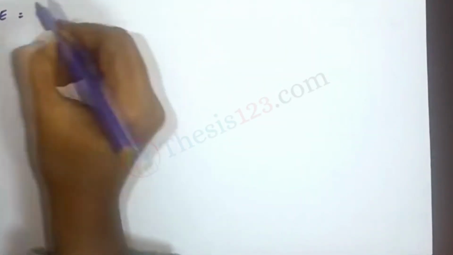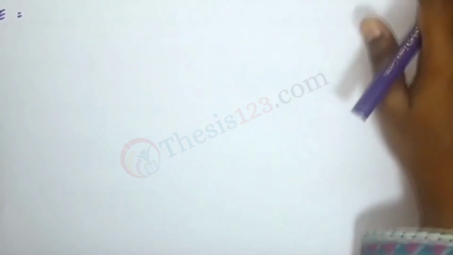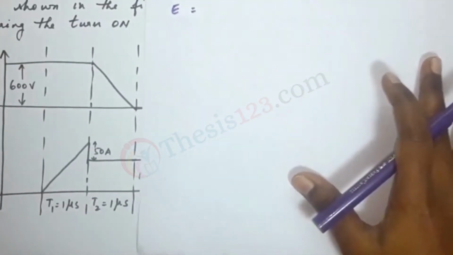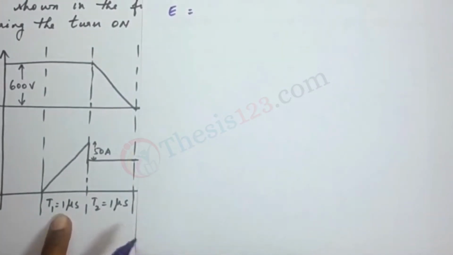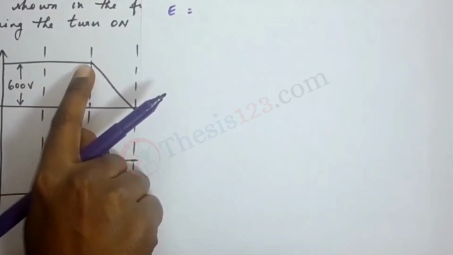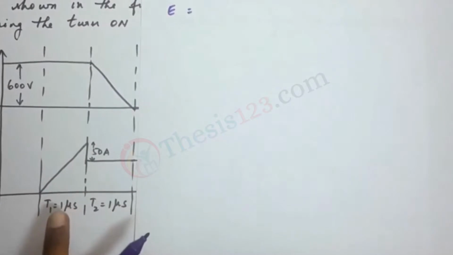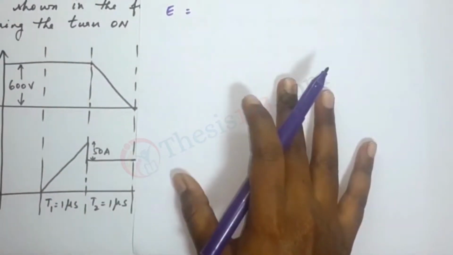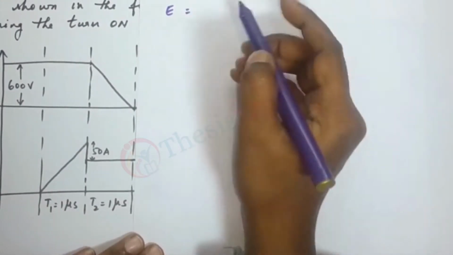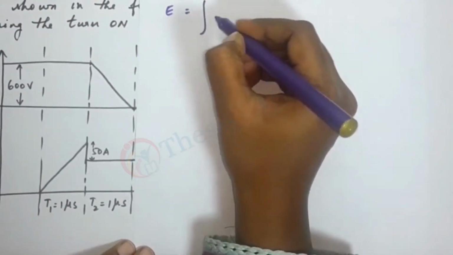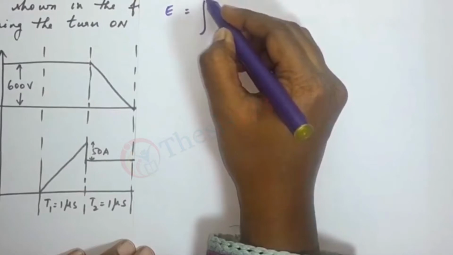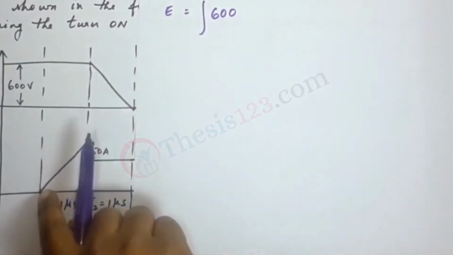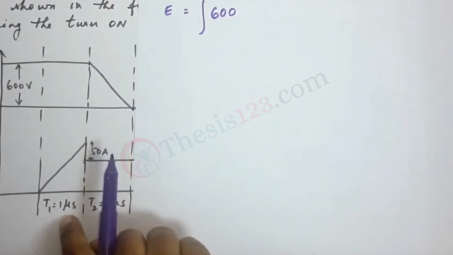According to the waveform given to us, during the period T1 the voltage is constant at 600, and during the period T2 it is gradually decreasing. For the first portion, V of t is 600, but I of t is increasing during this period T1.